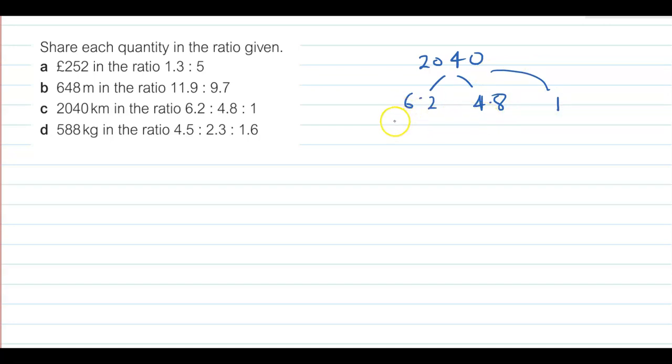If you multiply by 10 here to get rid of the decimal, it will be 62, 48, and 10. And if you add all these numbers, the sum of 62 plus 48 plus 10, 8 and 2 is 10, carry 1. It will be 120, am I right?